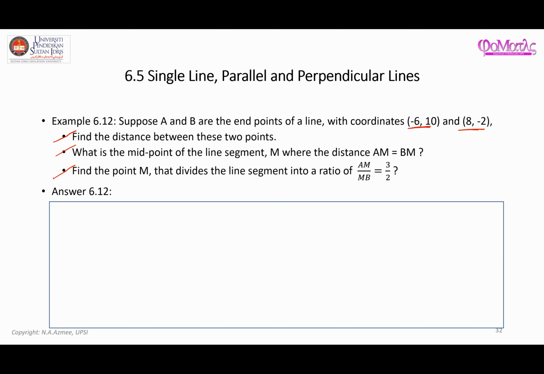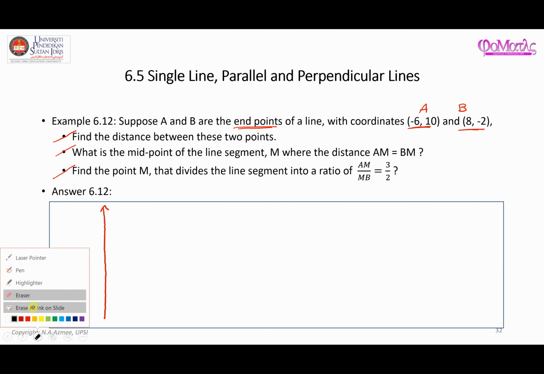So this is coordinates for A and B. A and B are the endpoints of a line. So here I'm sketching the axis. Okay, the line doesn't look nice.